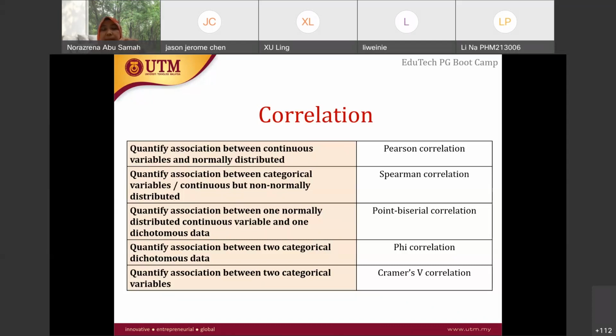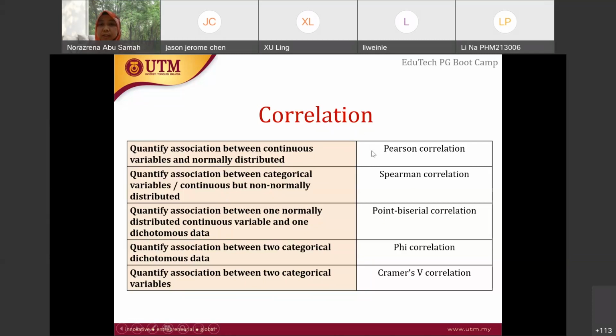If let's say test 1 is not normal, but the rest is normal, we cannot run the Pearson correlation. So if one of the variables is not normal, we must run the Spearman correlation even though the data is continuous, just like the previous one.